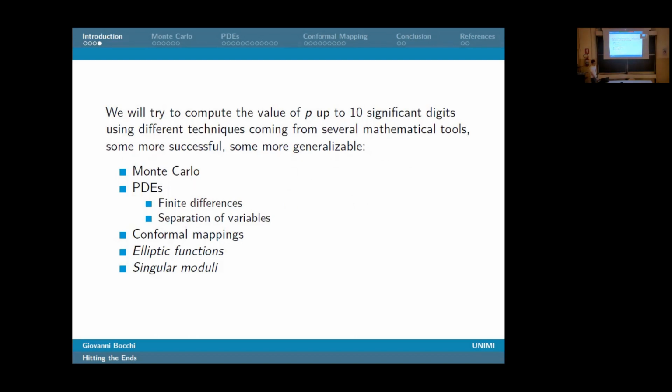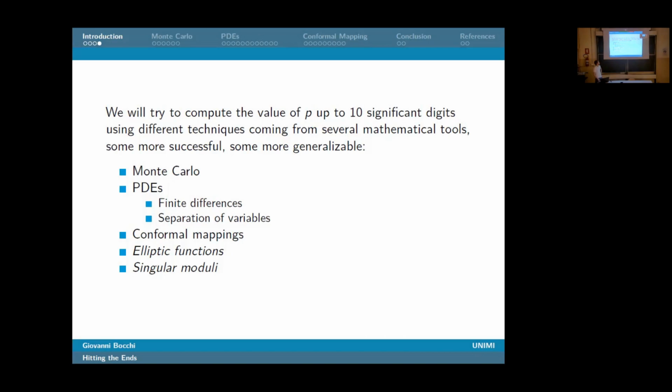First of all, we start from the probabilistic interpretation as I defined the problem, so speaking of Brownian motion, and we will see a Monte Carlo approach. Then we will switch to the PDE approach with two possible approaches, one more numerical based on finite differences and one more analytical based on the separation of variables. Finally, I will give you the idea of using conformal mappings to solve this problem.